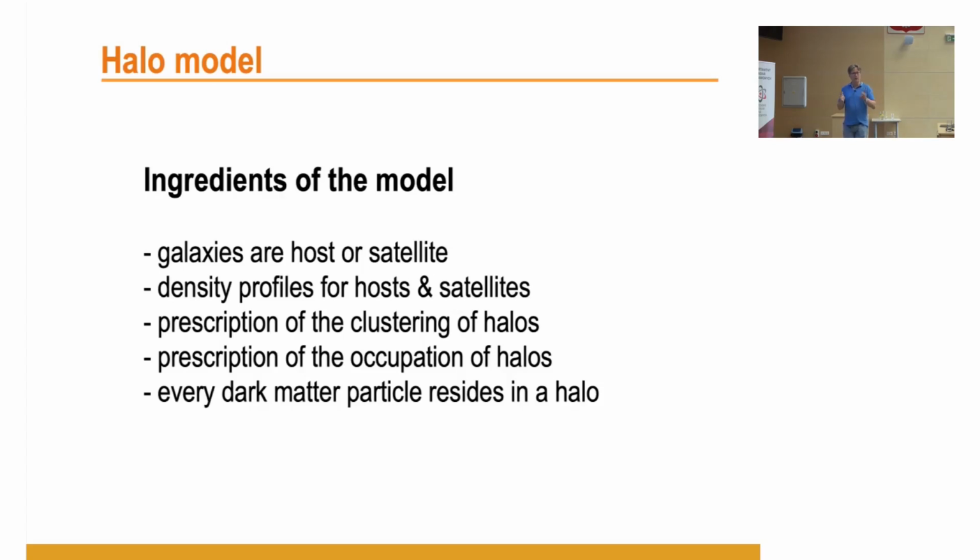I think that is a picture that has become very clear. When you look at a galaxy, the first thing you should ask is, is it the host of the halo, is it the boss, or is it a satellite?